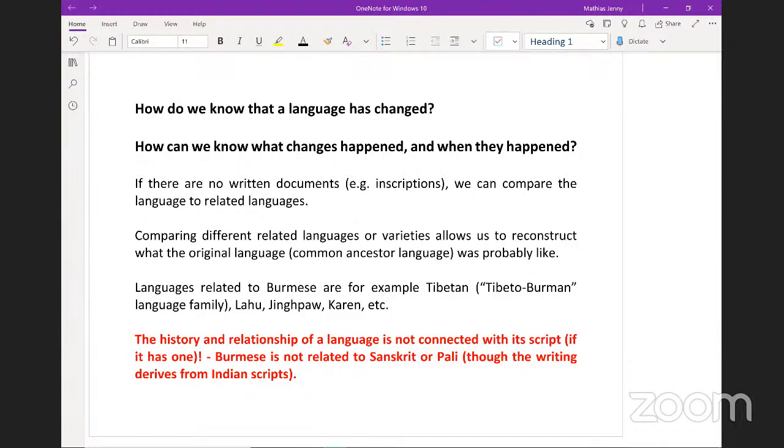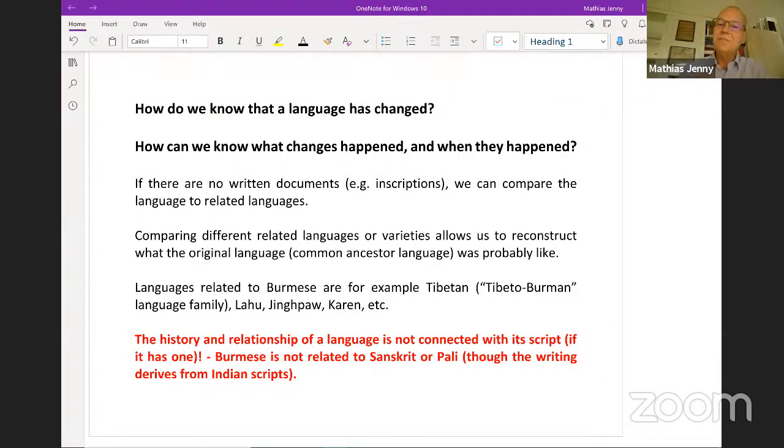So if you compare languages that we know to be related, and we know they're related because they have a lot of shared vocabulary, maybe shared morphology, then we can reconstruct an old language, a mother language, the original. So by comparing related languages, we can go back to the origin.